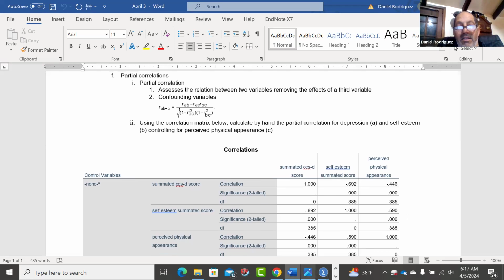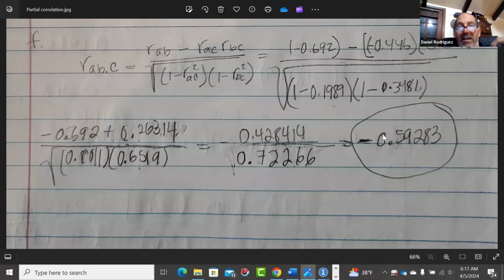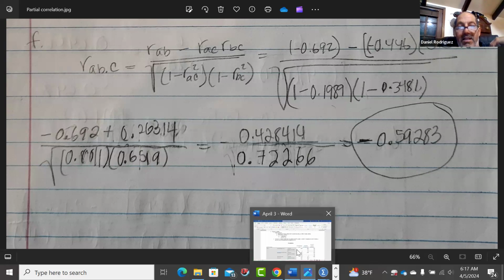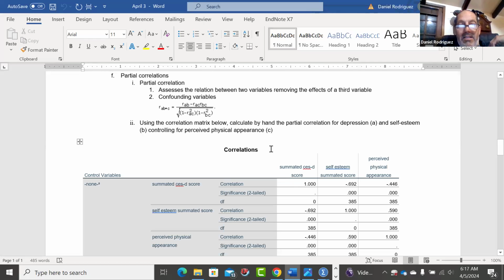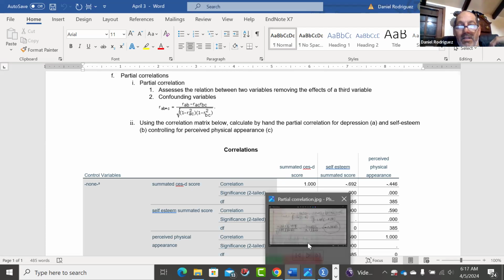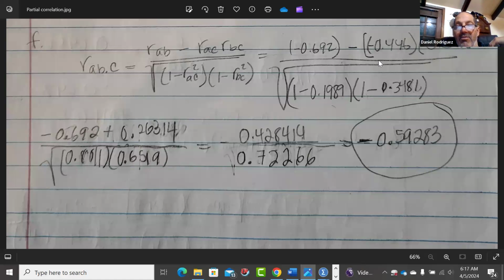So let's see how that affects this correlation. So we have the correlation between depression and self-esteem. I believe this is depression and perceived physical appearance. Go back to here. A and C. Yes, A is depression and perceived physical appearance. So you're subtracting that. You're also subtracting, now notice that's a negative sign, right?